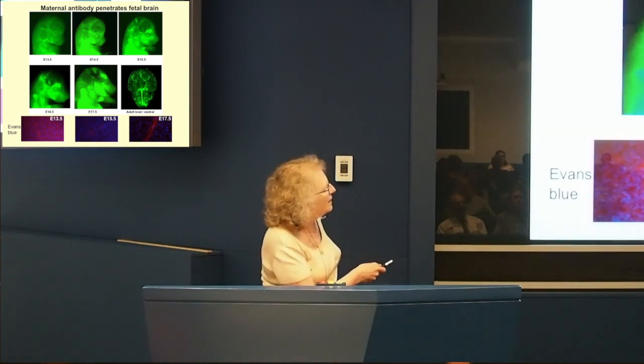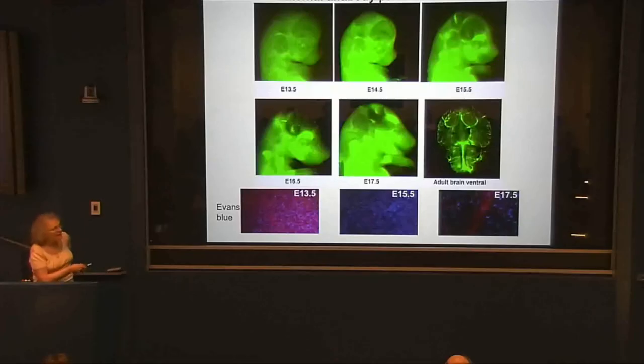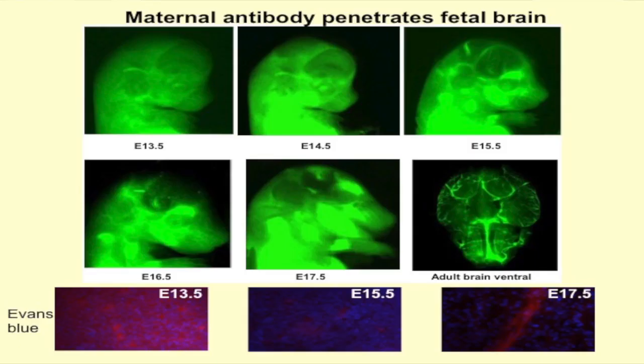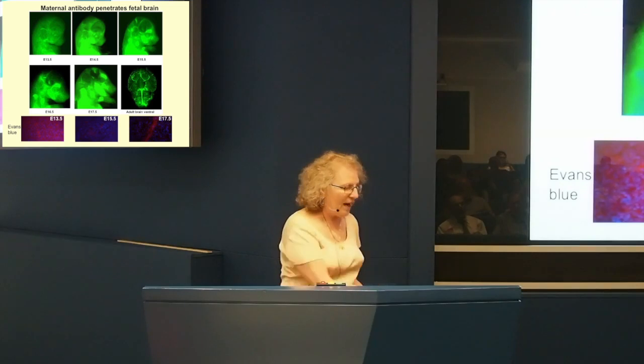By E15, there's less. By E17, even less. And this is the mom's own brain. If you inject these mice with Evans blue dye, which binds to albumin, you can see Evans blue throughout the brain, and by E17, it's in the blood vessels. Albumin isn't crossing the blood-brain barrier.